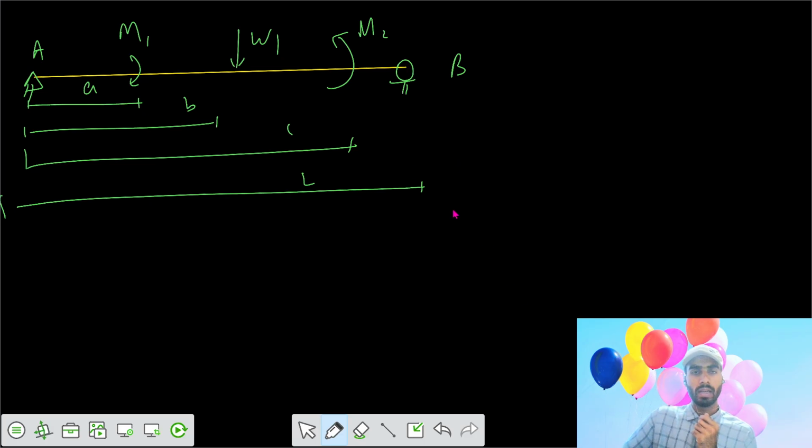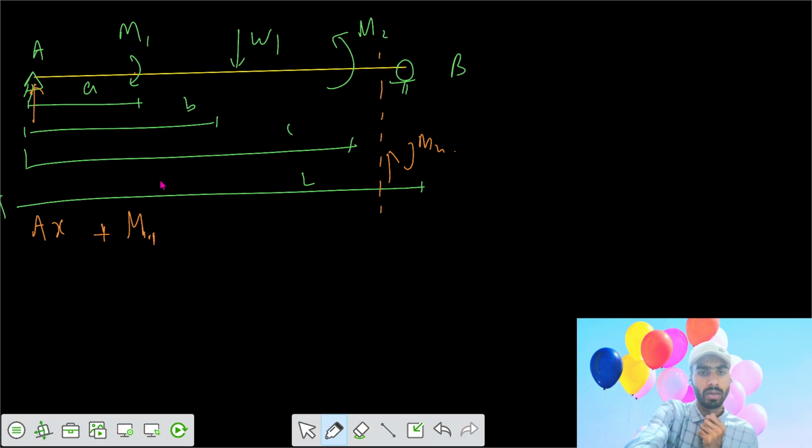You want to say what is the moment equation? Say if you cut the section here, you can write Mx. So the reaction here is A, we can write A into x, minus, this moment is also clockwise, we can write M1, but moment M1 acts at x minus a, so we have to show the power also, x minus a power 0.